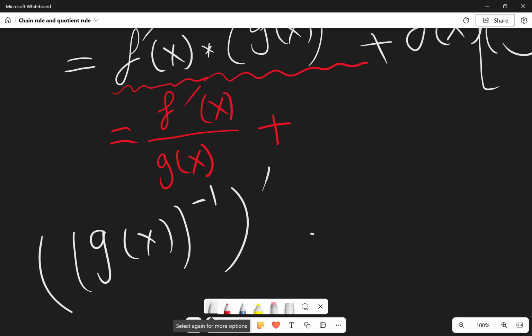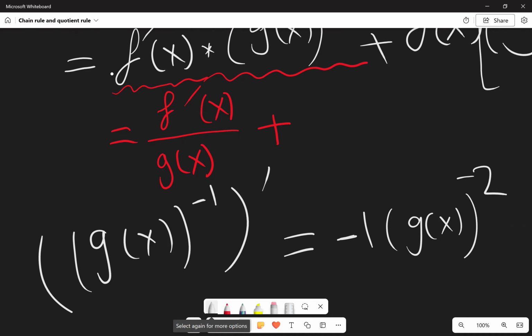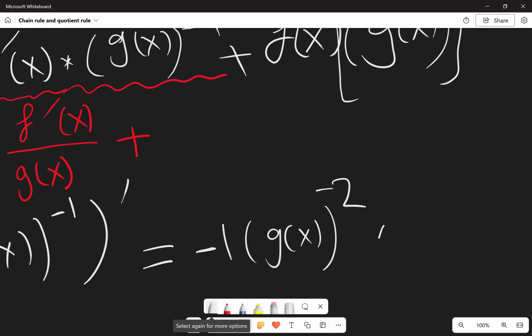For that, we can use the chain rule, and we have the outer function as the function raised to the power -1, and the inner function is g of x. So it's going to be -1 times g of x to the power -2 times g dash of x.